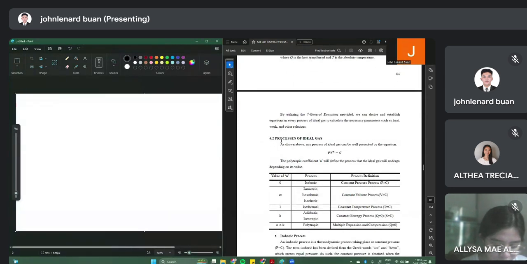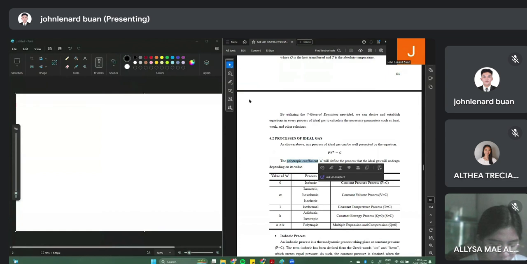Any process of an ideal gas can be represented by the equation PV raised to n is equal to C, where n is the polytropic coefficient, or polytropic index. This n will define the process that the ideal gas will undergo, depending on its value.